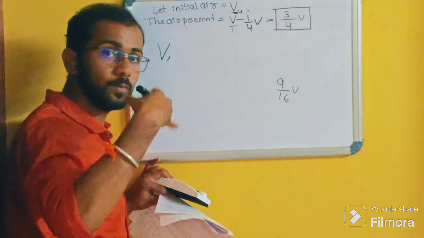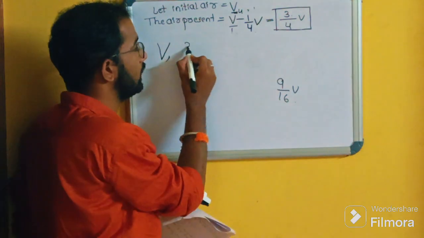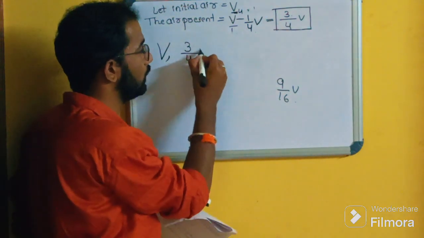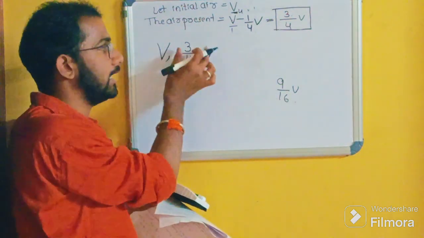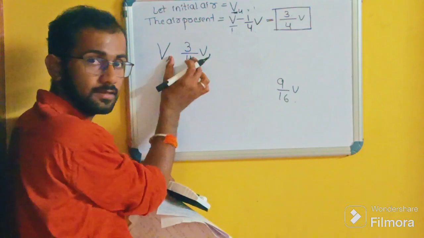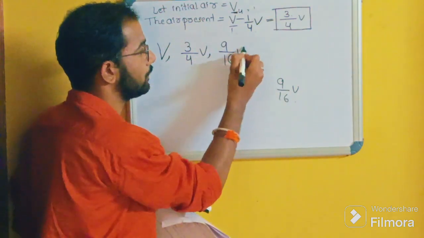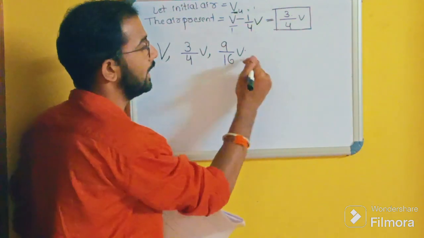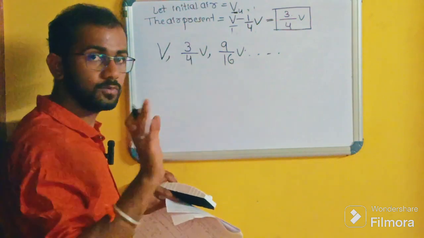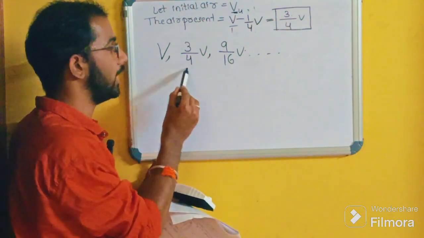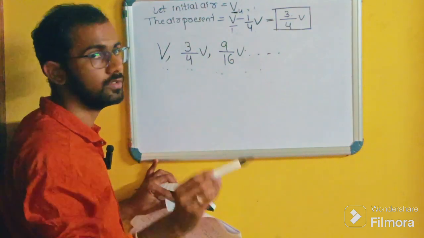After removing 1/4 of the air, we get 3 by 4 V. If you remove again 1/4 of the air from this value, we get 9 by 16 V. Now we get a sequence. The task is to find out whether this sequence is in arithmetic progression or not.